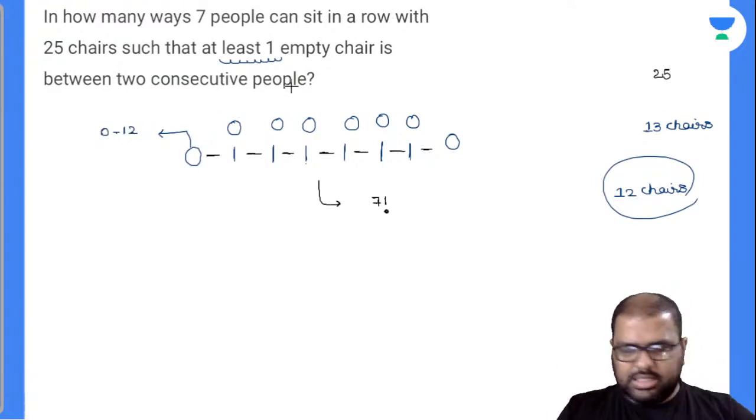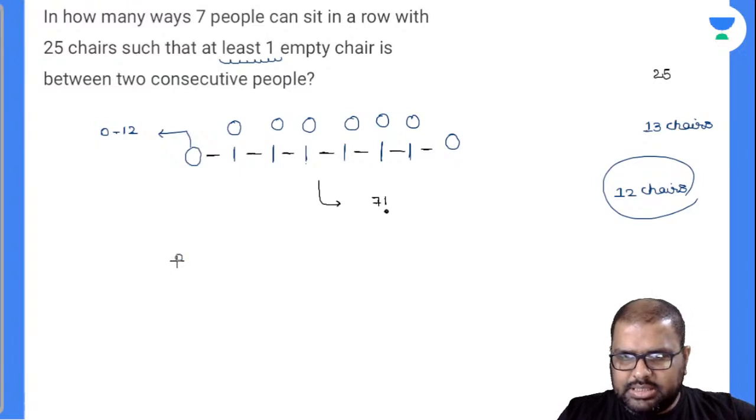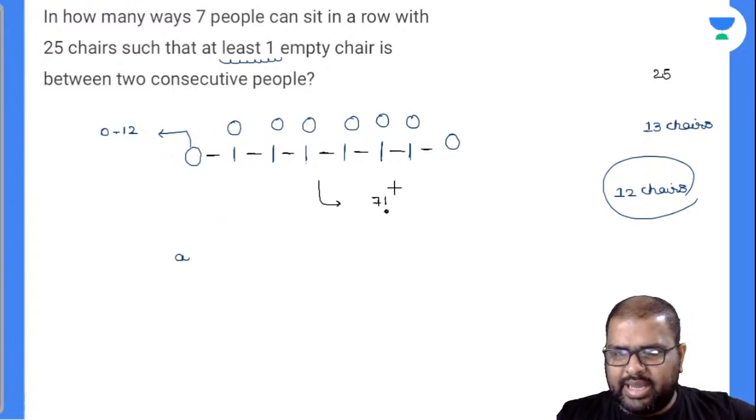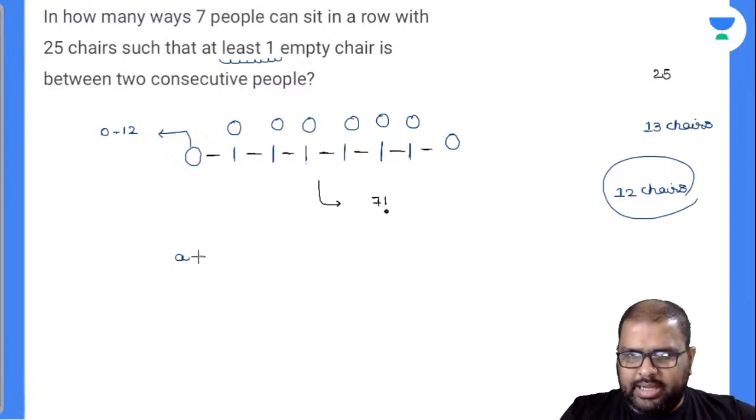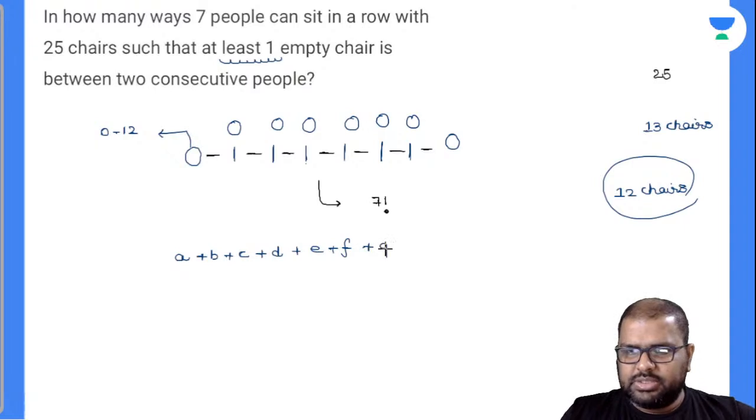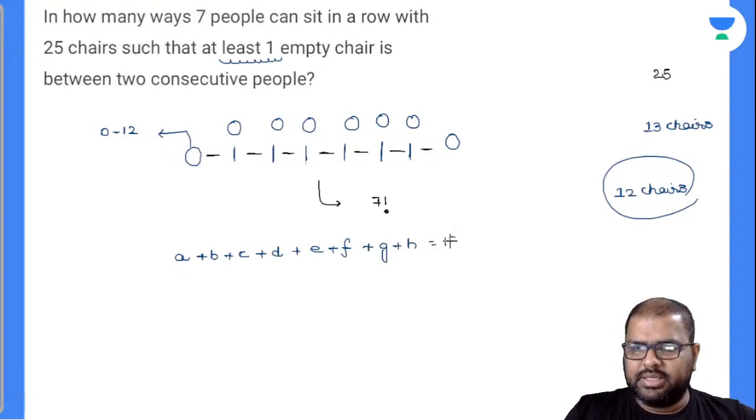So how many slots are there? I'll write these slots as 1, 2, 3, 4, 5, 6, 7, 8. The slot names are A, B, C, D, E, F, G, H. So this slot count is how much? It is 12 chairs.